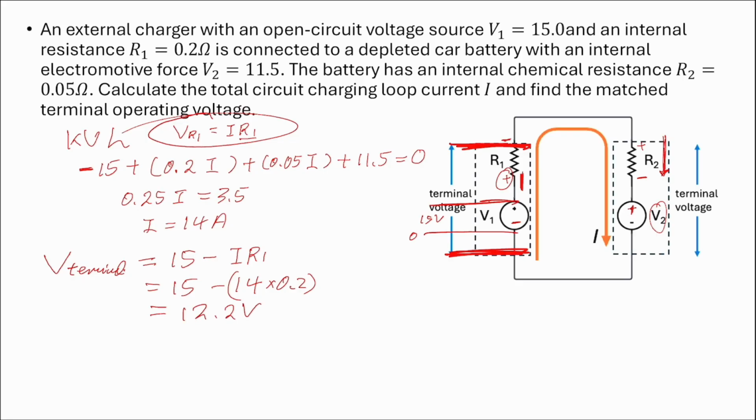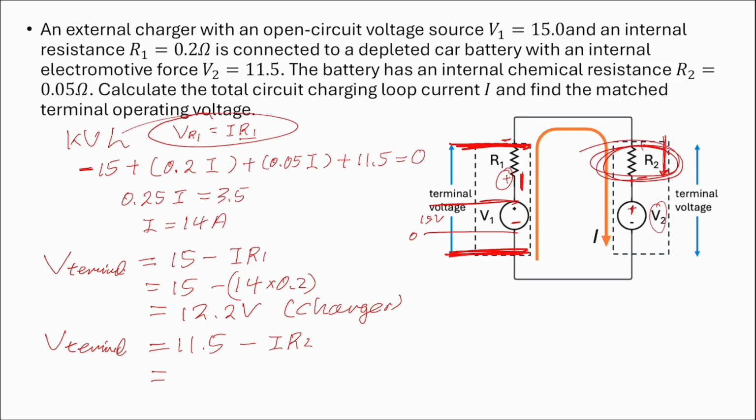So it means at the two terminals of the charger, it only provides 12.2 volt. So this is the charger. For the car battery, the EMF of the car battery is 11.5 minus I, how much drop across R2?